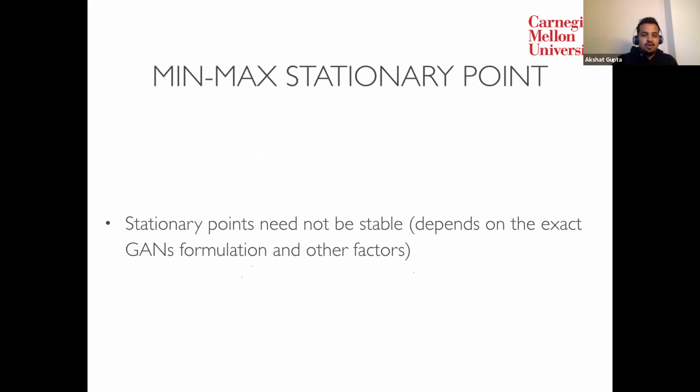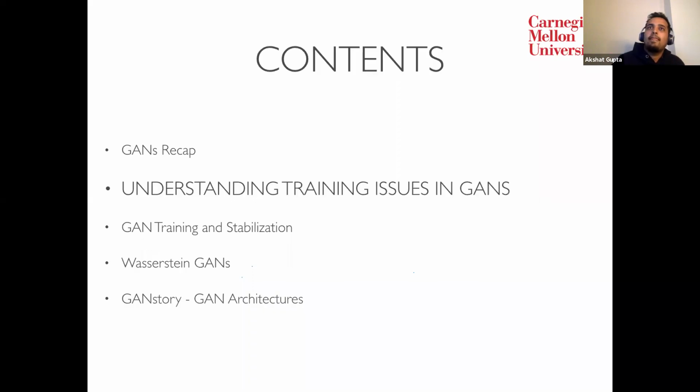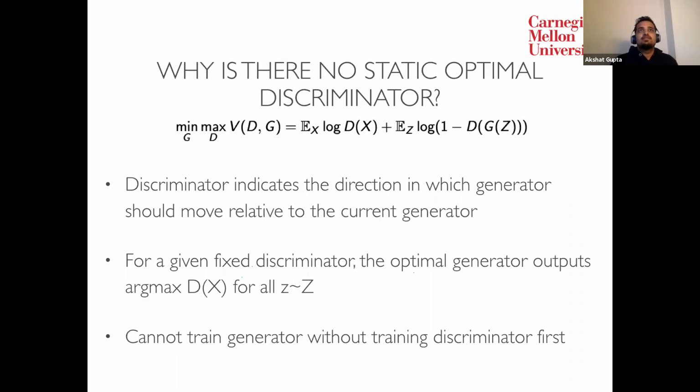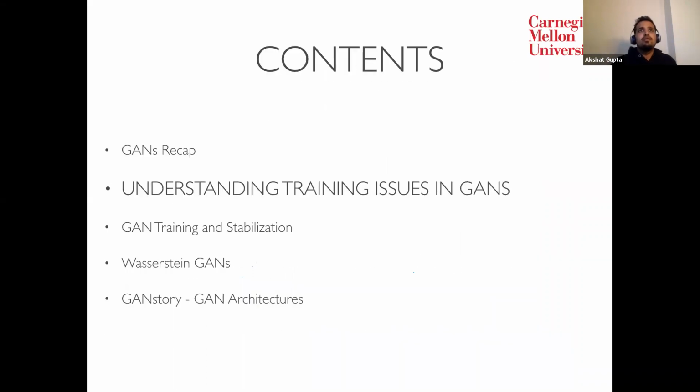GANs are known to be very brittle to train. They need not always converge to the stationary point. There are oscillations, mode collapse, they might overshoot. Those are some issues that we'll discuss today. Before that, I would like to stop here and see if anyone has any questions.